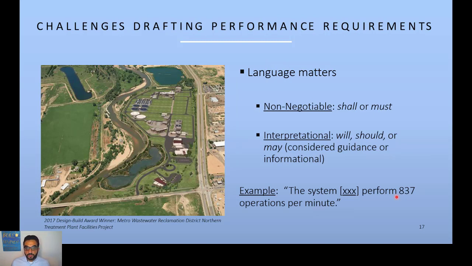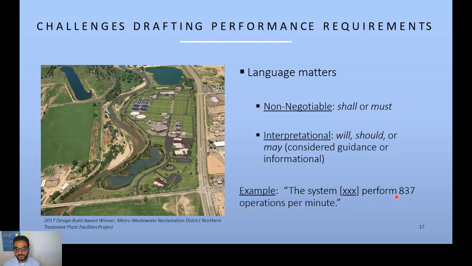With performance requirements, the challenge is how you write it. Really, the language here is critical. When you write, you can write in two ways: non-negotiable, when you say shall or must, or interpretational, so will, should, or may. So there is some wiggle room for the one who will implement these requirements to go a little off or follow this as guidance, not as a must.